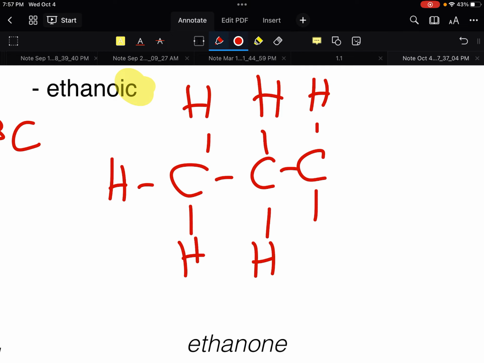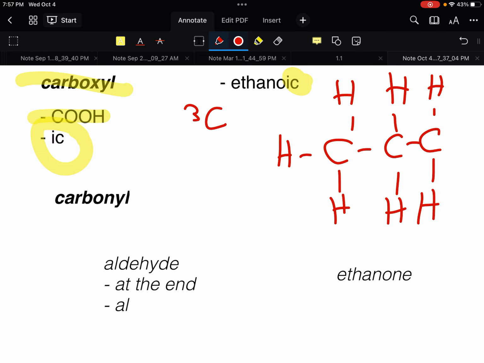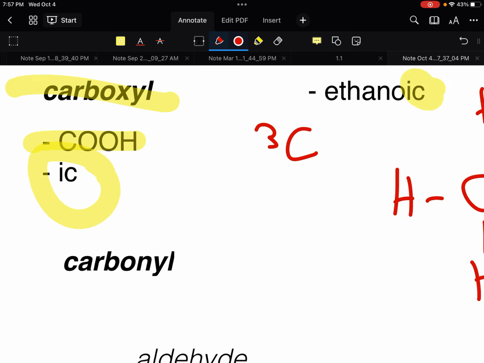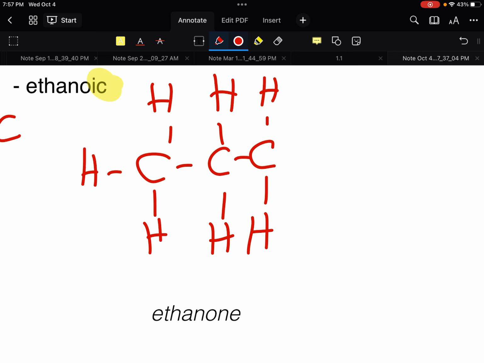Hydrogens, right? And then as we said, it's a C double bonded to O and single bonded to OH. So this C will be double bonded to O and bonded to OH.